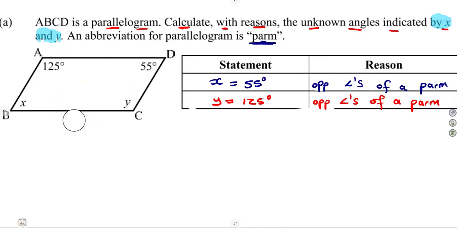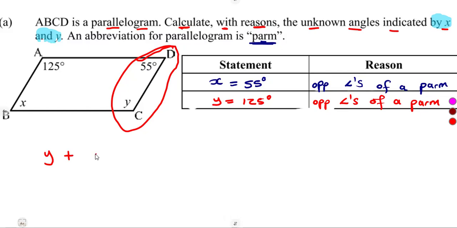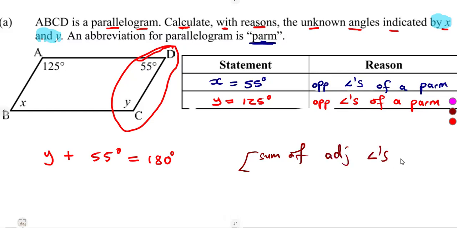All right? That's how we could have answered this directly, guys. We know the properties. Or we could have used the adjacent angles, D and C. They are adjacent. So Y plus 55 degrees must give us what? 180 degrees. Remember, we are talking about the sum of adjacent angles of a parallelogram.